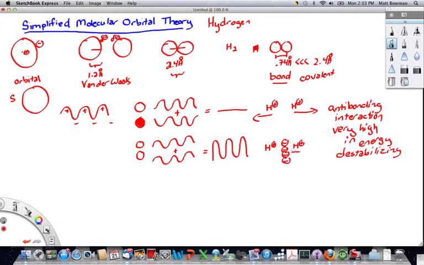This causes the nuclei to come closer together, because now you have more negative charge shielding the two nuclei from each other. This proton gets closer, this proton gets closer. As a result, the two atoms smash together closer than what their van der Waals radius normally would allow. This is referred to as a bonding interaction. This is low in energy, and it's basically a stabilizing force.